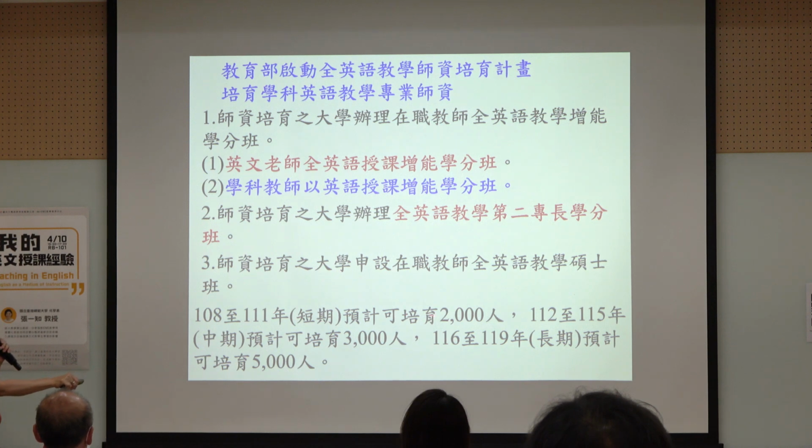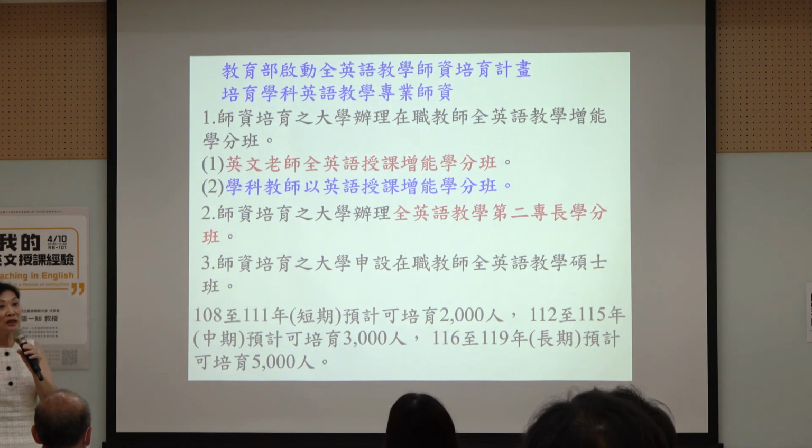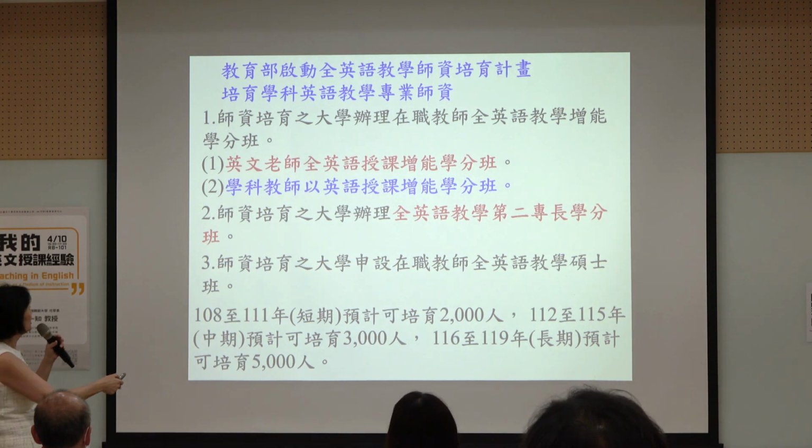And they were expecting that in 2022 we should have 2,000 high school teachers, and up to 5,000. Because of this, now we have to teach the students to be teachers, not just me teaching in English. So it's more things.